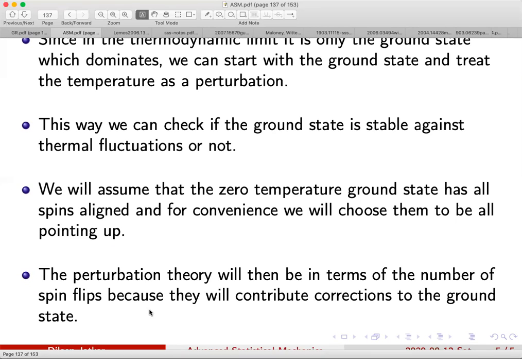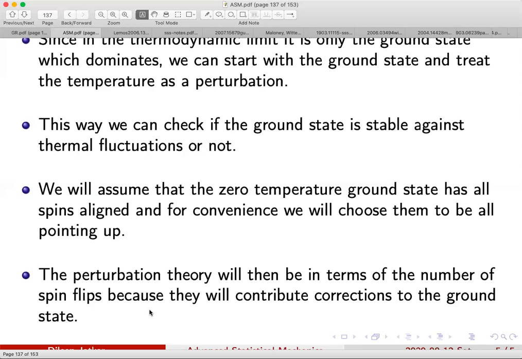Okay, so remember we had done this study earlier, that if you have all spins pointing up, then it would contribute some energy, that is the ground state energy. If one spin is flipped somewhere in the middle in the chain, then it has an energy which is ground state energy plus 2 times J. That is the additional contribution because of the nearest neighbor flipped spin interaction contributing extra energy.